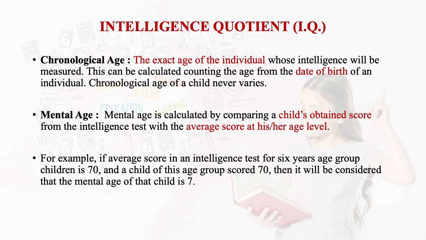If a particular student achieves 70 in that test, then you can say that his or her mental age is 70. But many a time you will find that a 14 year old student is not able to score 70, or a 15 year old student is also not able to score 70. That's why mental age may vary.